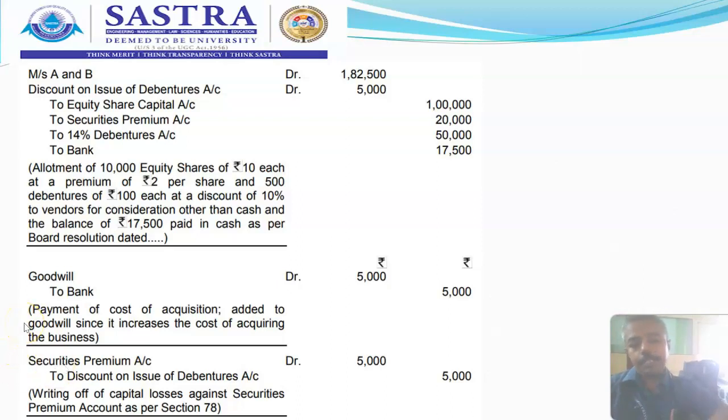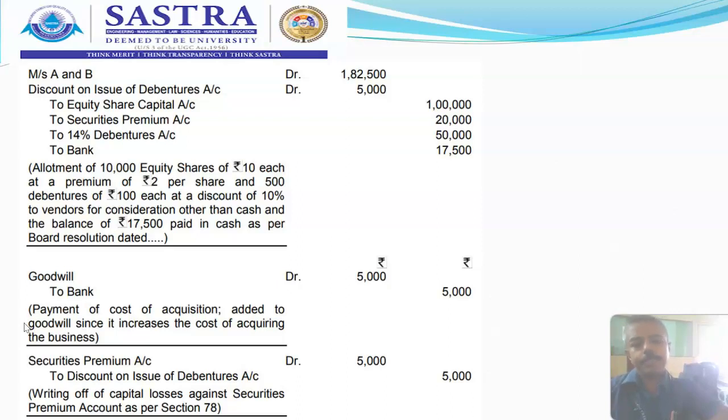Now, the narration for this journal entry is allotment of 10,000 equity shares of rupees 10 each at a premium of rupees 2 per share and 500 debentures of rupees 100 each at a discount of 10% to vendors for consideration other than cash, and the balance of rupees 17,500 paid in cash as per the board resolution.